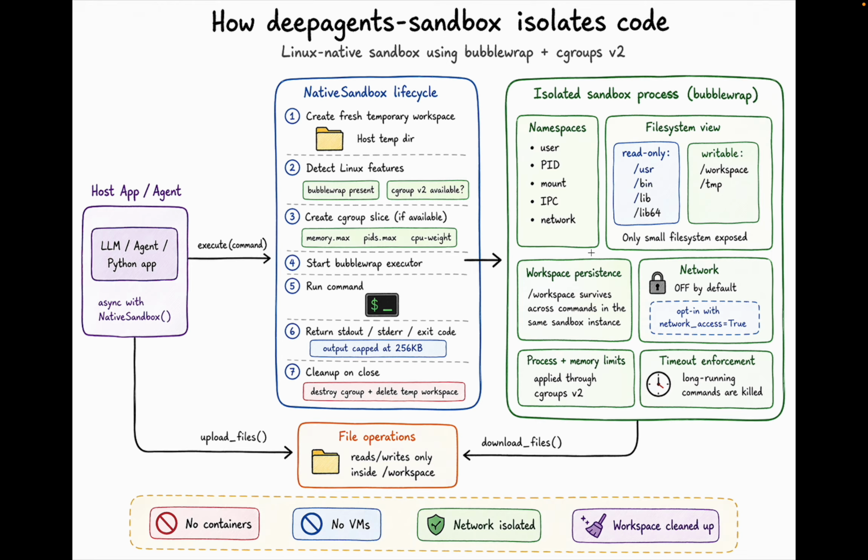It stops certain things like fork bombs or illegal operations like accessing important files. And I'm giving it a file system view so that it can read the Python files or Python libraries. I'm also giving a writable area inside workspace and temp. The network is off by default. You can switch it on by setting this flag to true.